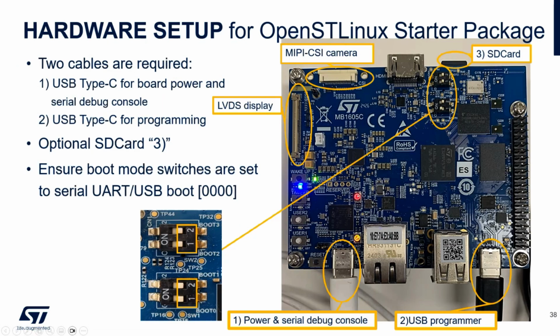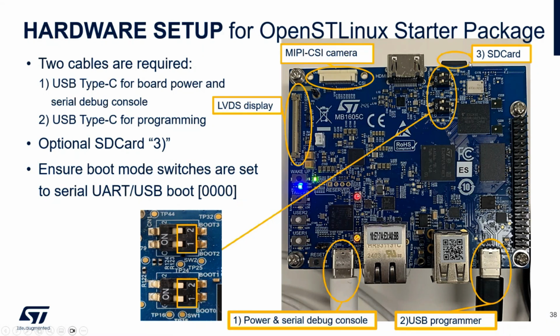If you go to the board now, we see the board here. We have the display connector and the camera connector. We have the HDMI connector. We have somewhere an eMMC, I think. Here we have the PMIC. Here we have the STM32MP2. Here we have the boot switch and the SD card.